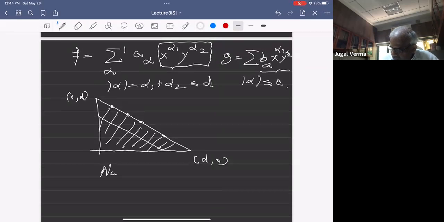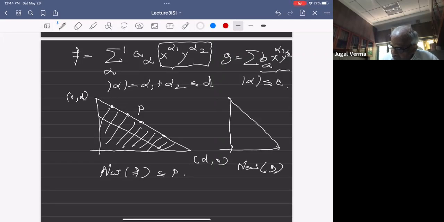Let us call this triangle P. The Newton polygon of F is a subset of P. Similarly, when I plot the Newton polygon of G, take the triangle Q with vertices (0,E) and (E,0); then the Newton polygon of G is contained in this triangle.